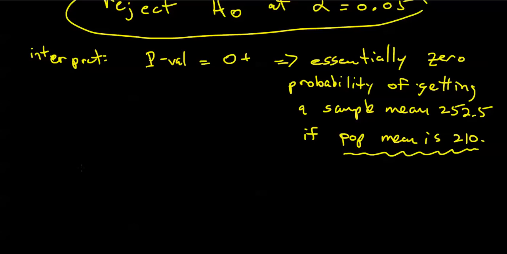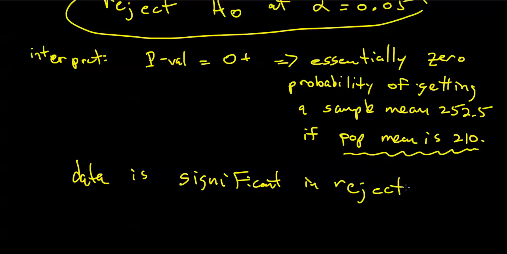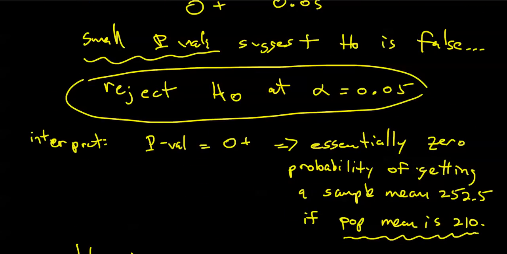Alright, so your sample data is strong or significant in justifying a rejection of H0. So again, I suppose your final answer would be this statement here, rejecting H0.